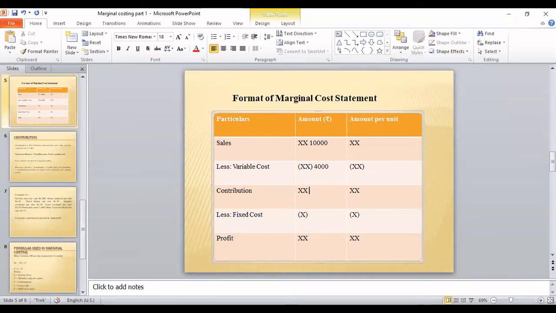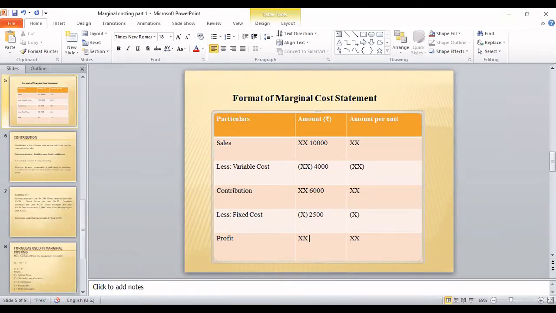Can you tell me the answer for this? What will be the contribution? 10,000 minus 4,000 comes to 6,000. Yes, sir. And there is a fixed cost which we are going to incur, let's say 2,500. Now tell me what will be the total profit.